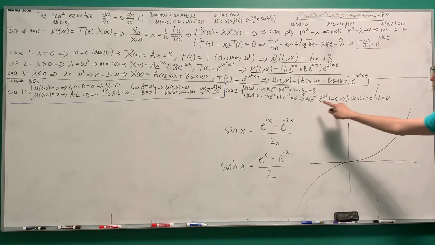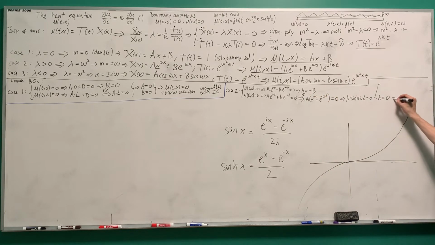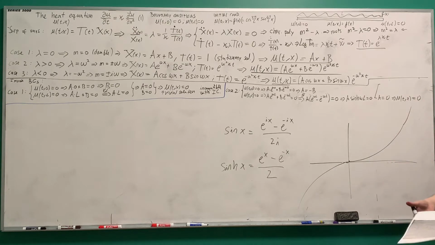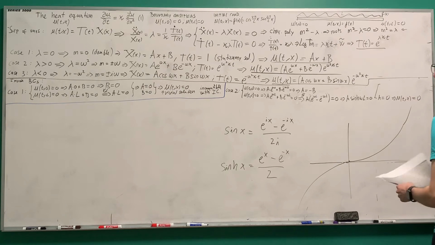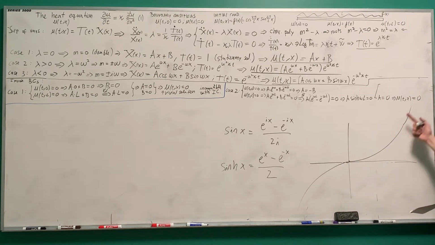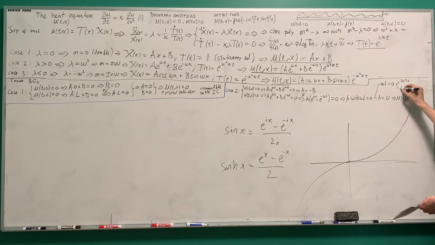In that case, because B is minus A, we know that U of x has to be equal to 0. That's the trivial solution. So same as before, that's incompatible with the initial conditions. The other possibility is that omega times L equals 0, which means that either omega is 0 or L is 0.